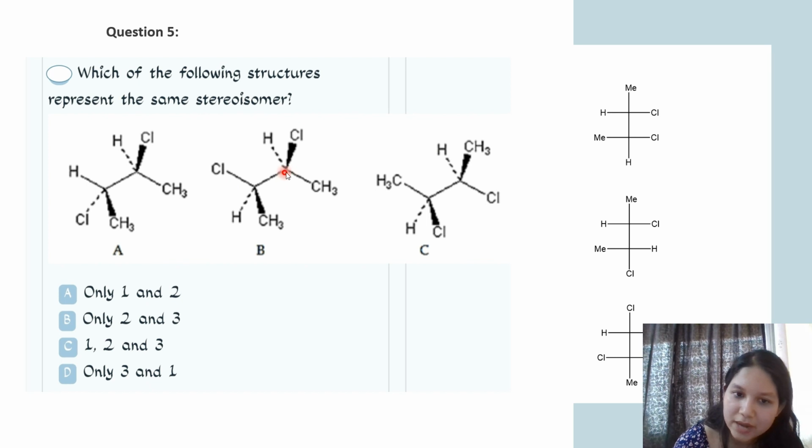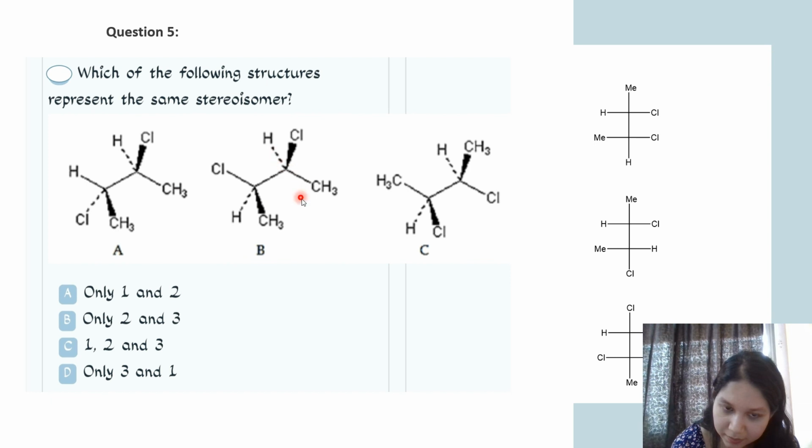Let us try to imagine in this center. Let's rotate it by 180 degrees. This methyl will come parallel to this chlorine. If we rotate by 180 degrees, this hydrogen will come parallel to this methyl because it will come here above the plane.